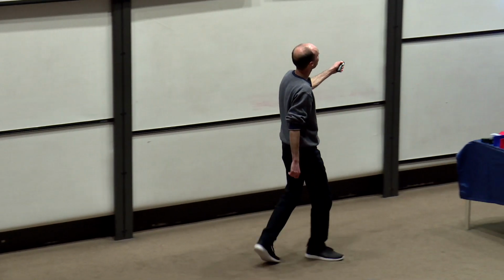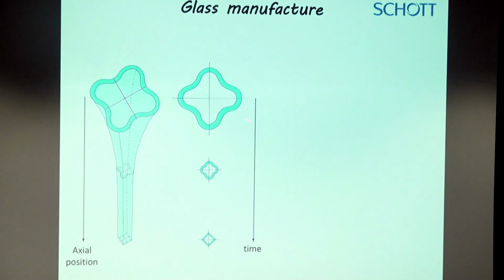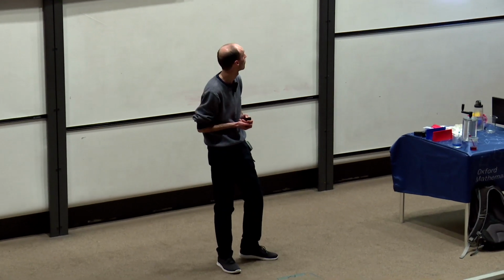So let's consider a time evolution problem in 2 dimensions with the idea that each of these snapshots in time corresponds to a different axial position. We can imagine stacking these up like coasters to reconstruct our 3-dimensional shape. That's the first simplification. That turns it from a 3D problem into a 2D problem.